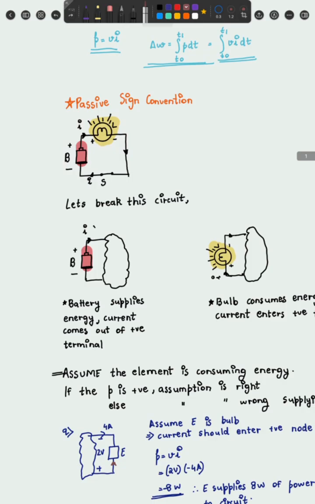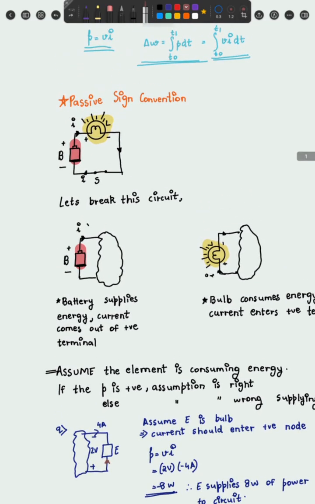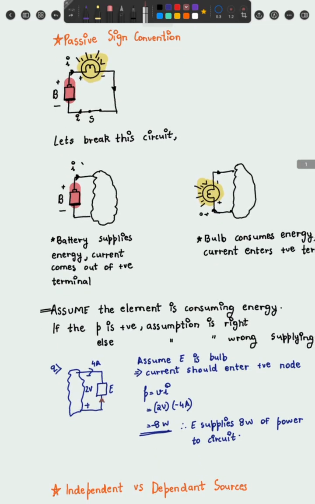Okay, so let's come to the basic circuit which we had, a flashlight circuit. You have a battery, you have a bulb, and you have a switch. Now let's break the circuit. Let's look at it from the perspective of a battery. What is the battery doing? You have a positive and a negative. If this were a black box, you see that current goes from the positive terminal and comes to the negative terminal.